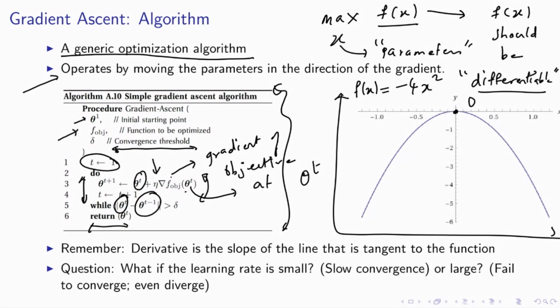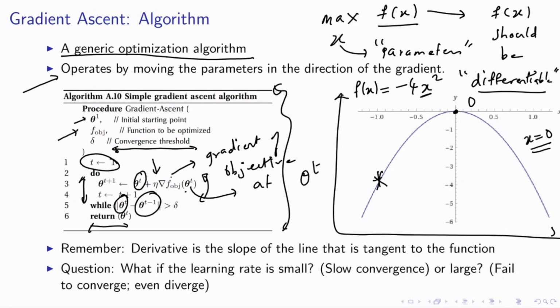As I said, the algorithm begins at some randomly chosen starting point, let's say that's our starting point, and then moves this parameter. This is a single dimensional problem, so we only have one parameter, x, that we want to change, and we know that the optimal solution is at x equals 0.